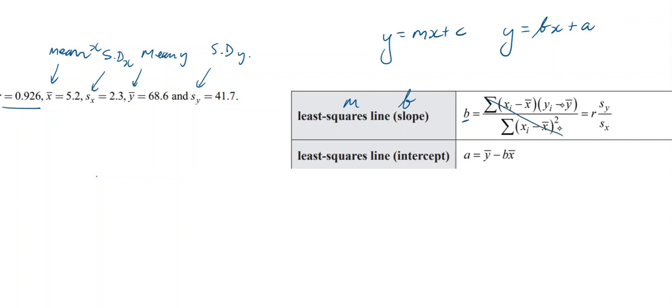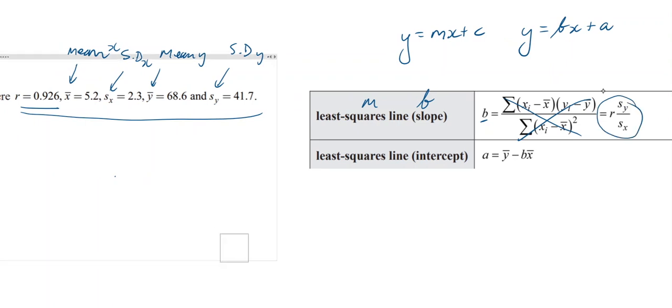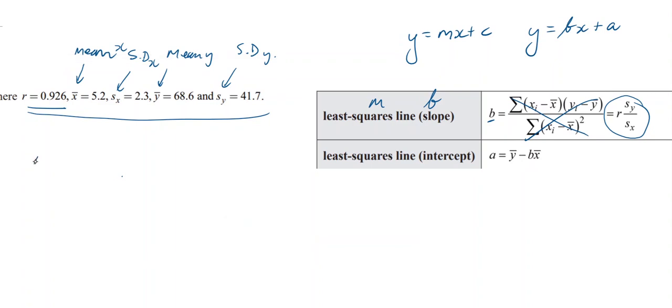Now that's not the one that we use for this one, because we've been given this information here, and so this is like a double formula. This means that b is also equal to that. So first part of this is to say b is equal to r multiplied by sy over sx. So that's going to give us our gradient.